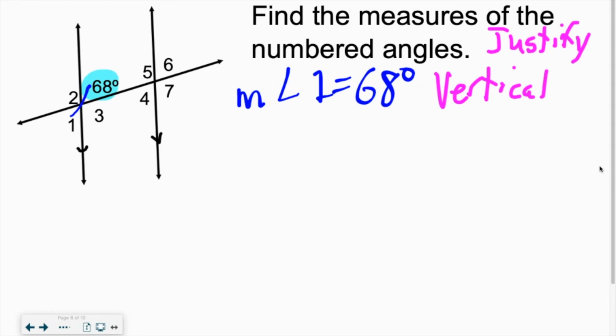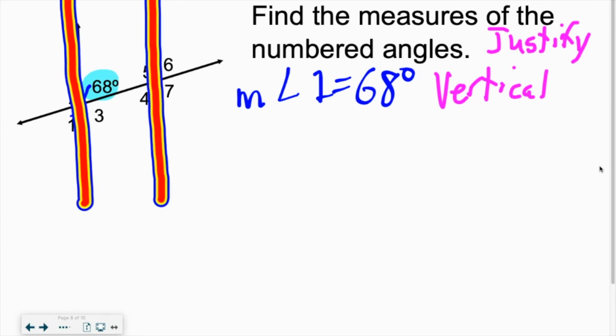Now what you're going to find is I'm going to stick with this 68 degrees. Notice the 68 degrees is here on the inside between the parallel lines. So I know one of my other vocab was alternate interior. So since this 68 degrees is up here on the top, on the inside, I'm going to go to the other side of it, and I want to go to the opposite, meaning instead of being here on the top, I'm going to go down to the bottom.